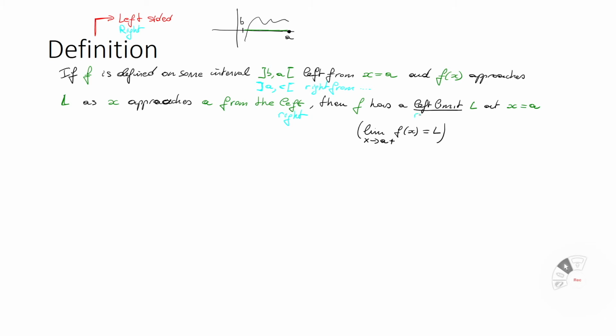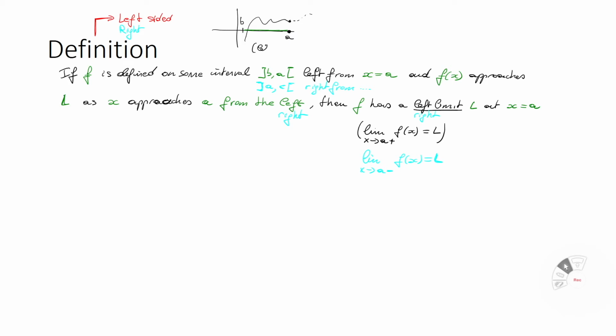Then we say f has a right limit, and we denote the limit as x goes to a minus of f of x is L. We had the picture for the left limit.